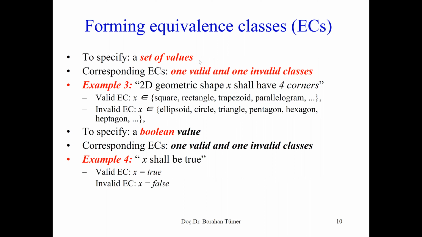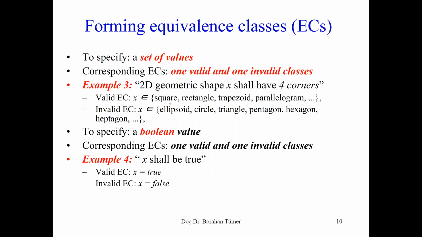All right. So let's look at this third example. Our set of values is this one: two-dimensional geometric shapes that shall have four corners. What is a valid equivalence class?